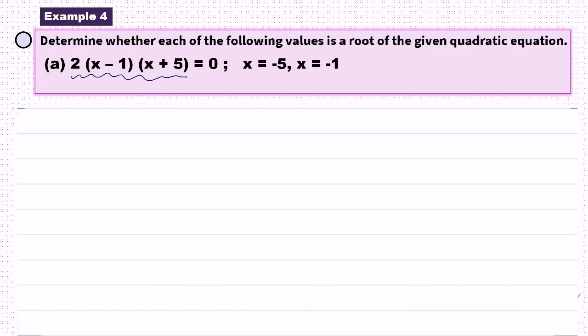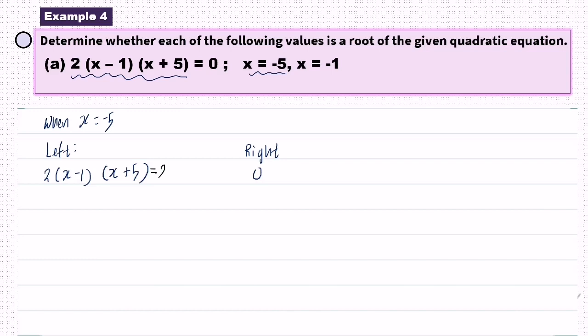Actually, no need. We just follow the procedure like what we did just now. Okay, so when x equals negative 5, at the left hand side, we have 2(x minus 1)(x plus 5). At the right hand side, we have 0. Okay, so again, we substitute the value of x into it.